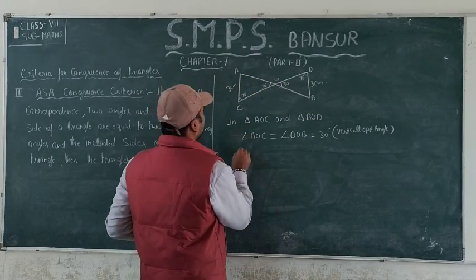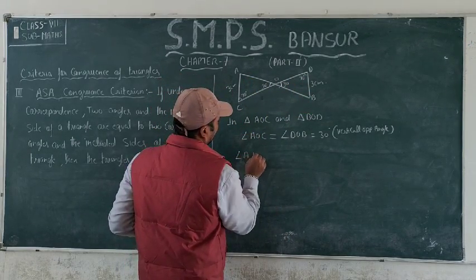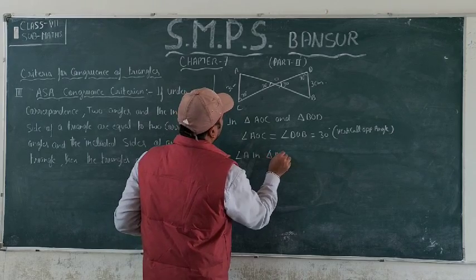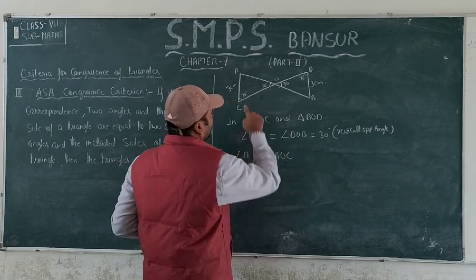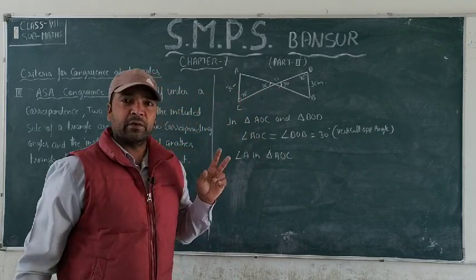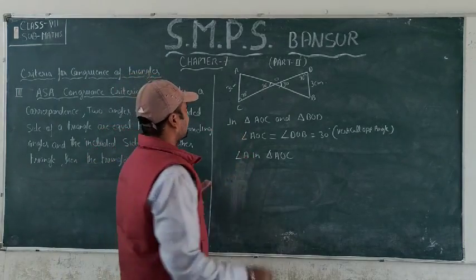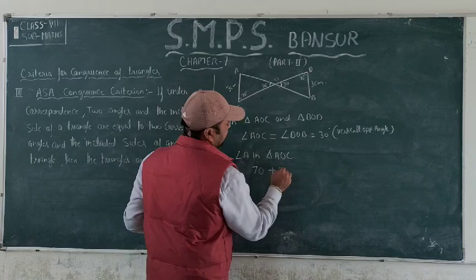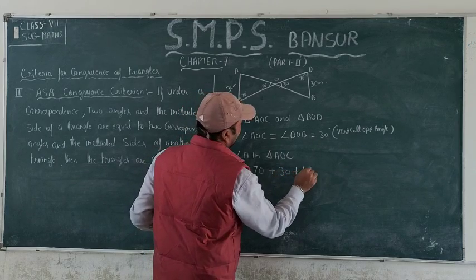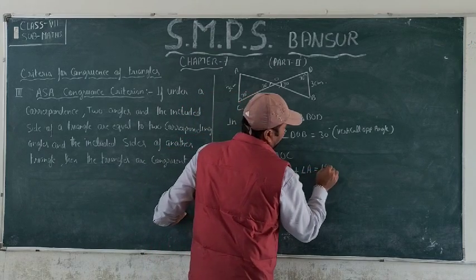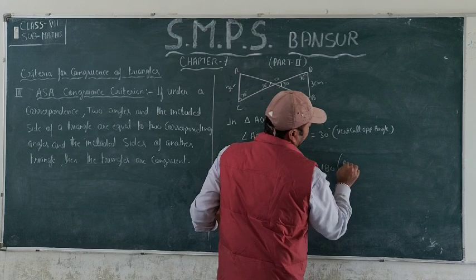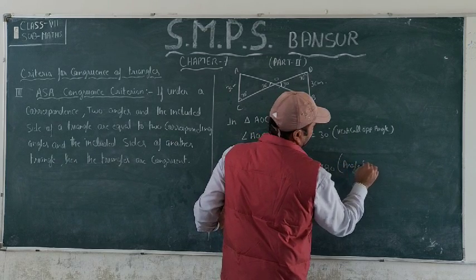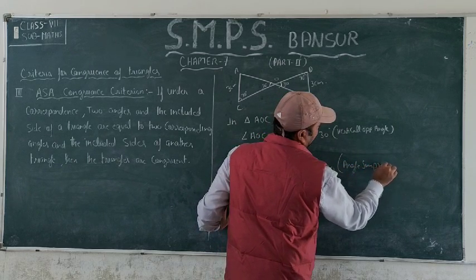So for angle A in triangle AOC, two angles are given, we have to find the third one. So first angle is 70 degrees, second is 30 degrees, plus angle A is equal to 180 degrees by angle sum property.